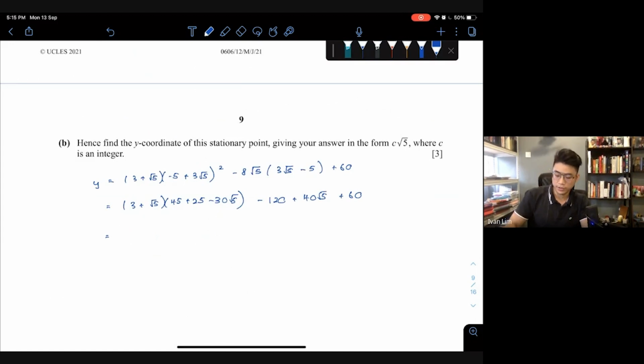We cross multiply it, you'll get 210 plus 70 surd 5 minus 90 surd 5 minus 150 minus 120 plus 40 surd 5 plus 60. Okay, if I want to gather all the surd 5 terms together, it will be this.